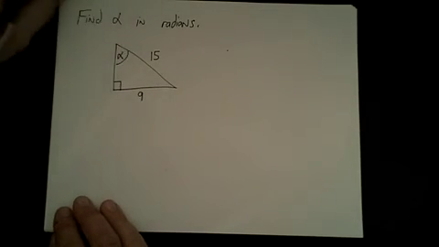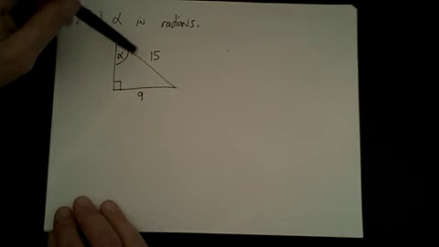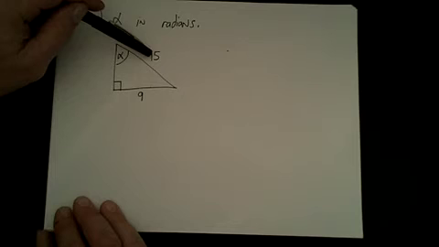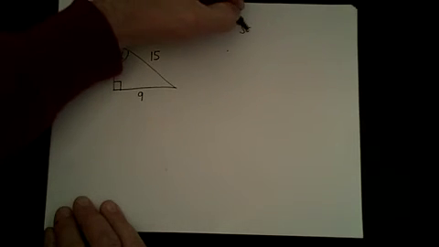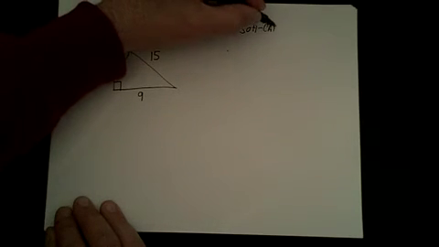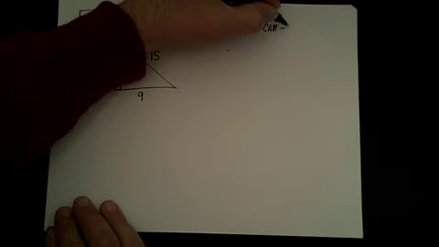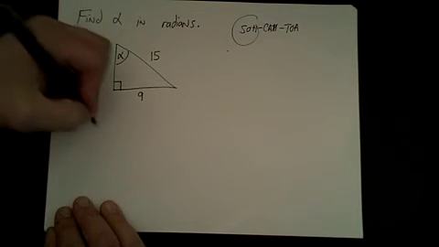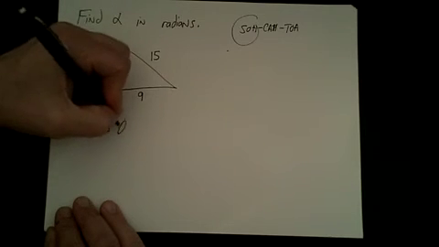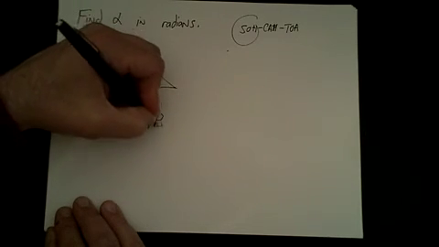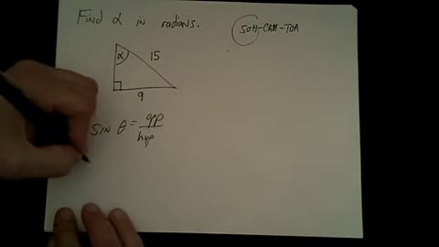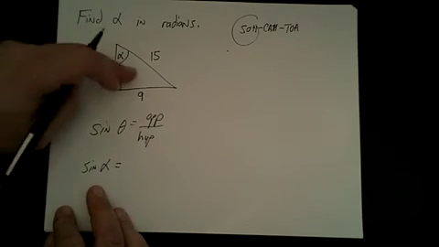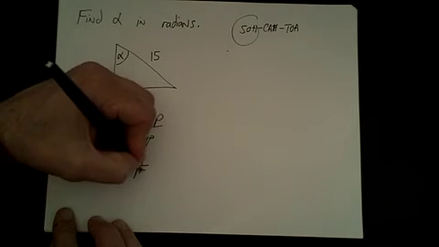Again, if this is the angle I'm interested in, this is the opposite, and this is the hypotenuse, so SOH. Opposite over hypotenuse is sine, so sine theta is equal to opposite over hypotenuse. I'll plug in whatever I know: sine of alpha, alpha is what I want to know, opposite 9 over 15.